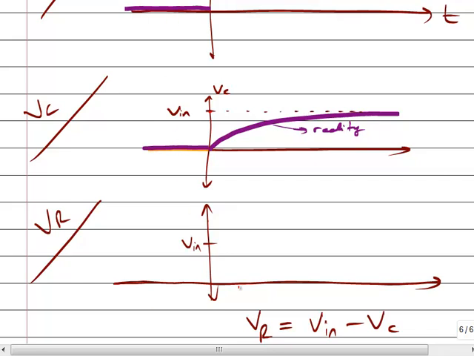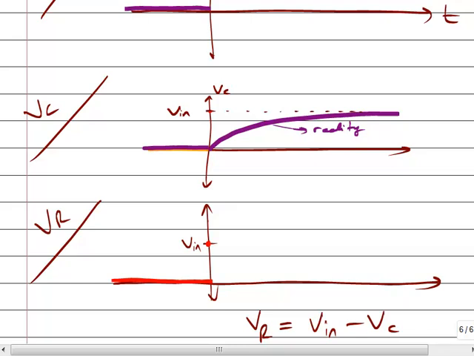Okay, 0 minus 0. What's the voltage of VR before time is 0? 0. Good. What's the voltage of the resistor at t is 0? This is V in minus VC, which is 0. Value is V in.